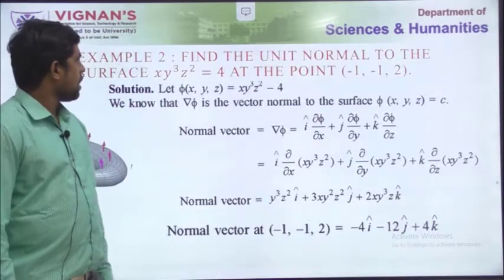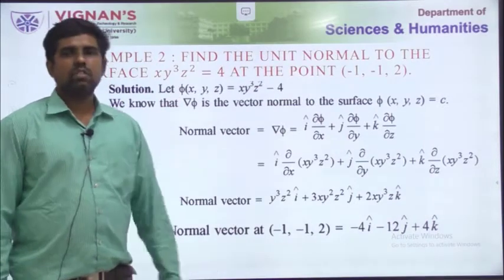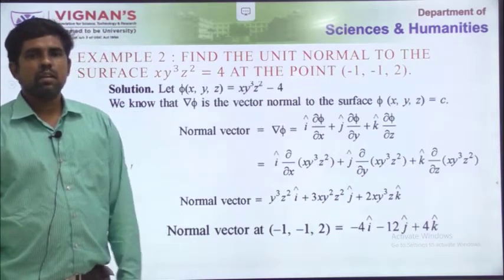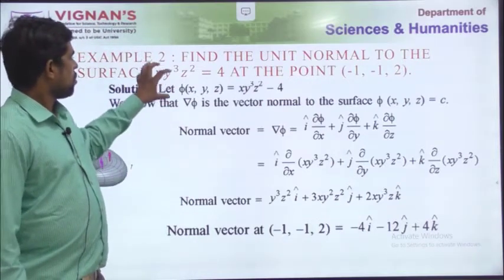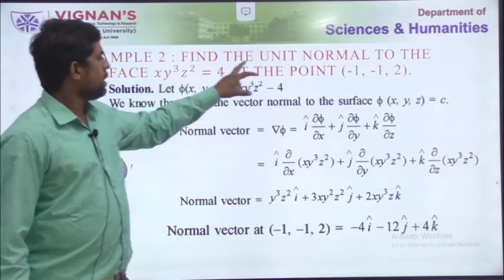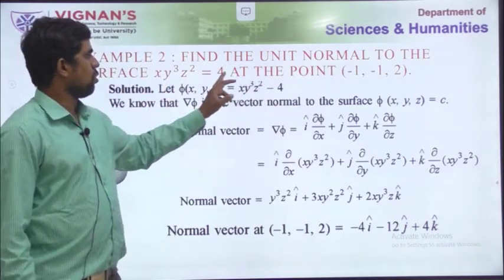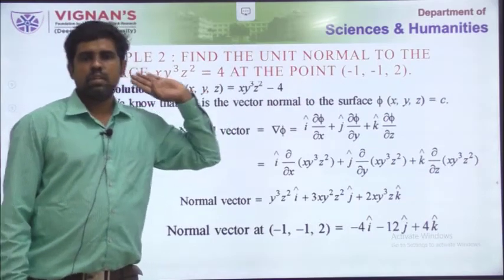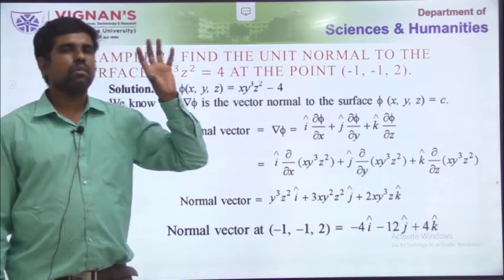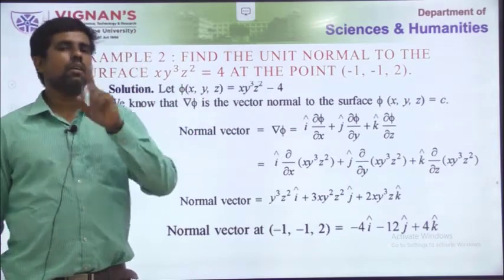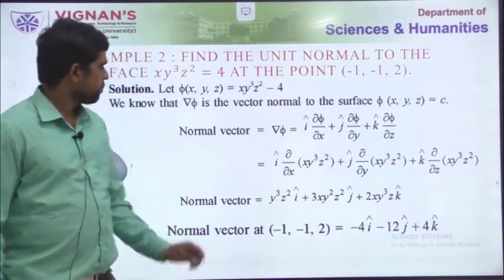Let us see one example based on the previous definition, unit normal vector to a surface. One surface is given, find the unit normal to the surface xy cube z square is equal to 4 at that point. So what is our aim? We are going to find a normal vector whose length is going to be 1 unit.